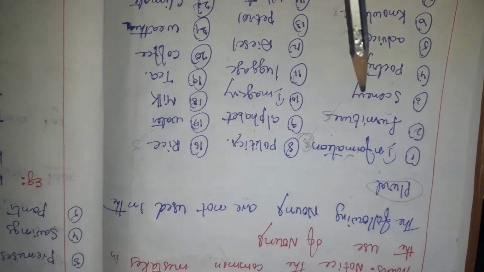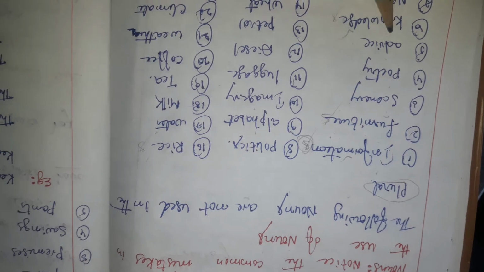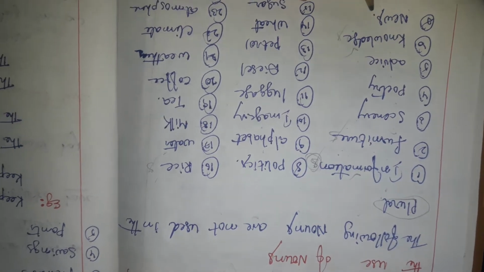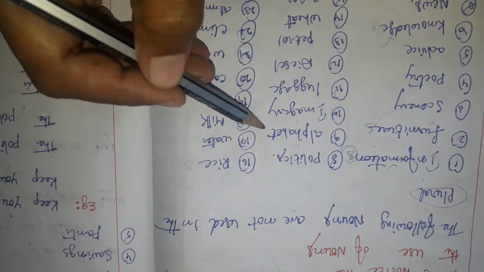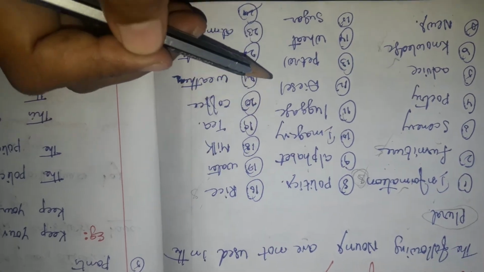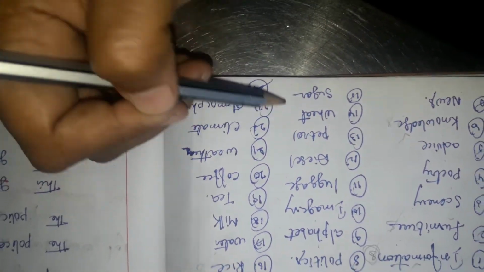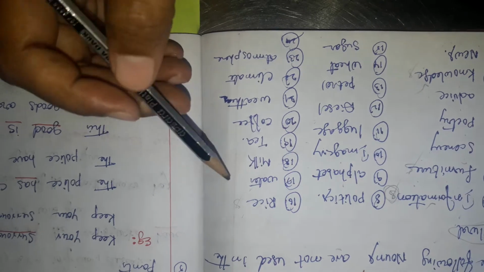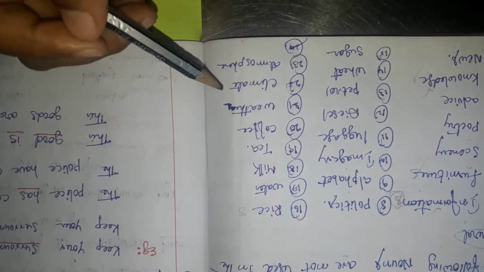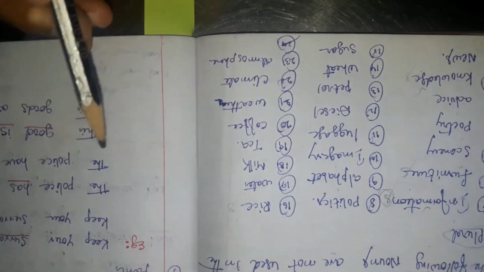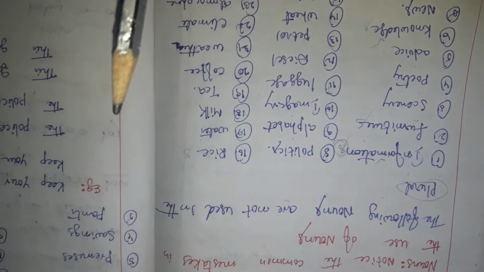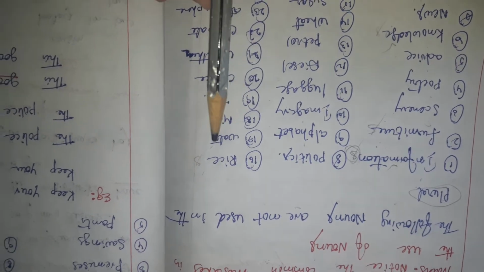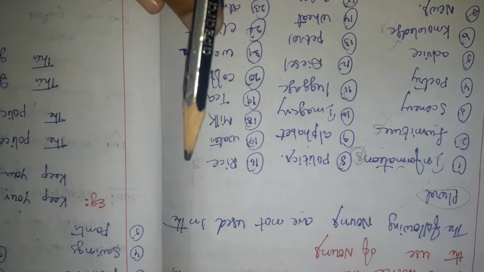Like that: poetry, advice, knowledge, news, politics, alphabet, imaginary, luggage, diesel, petrol, wheat, sugar, rice, water, milk, tea, coffee, weather, climate, atmosphere. These are the singular words which can't be used in the plural.